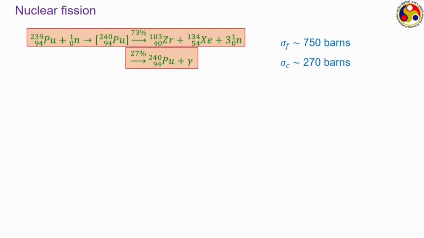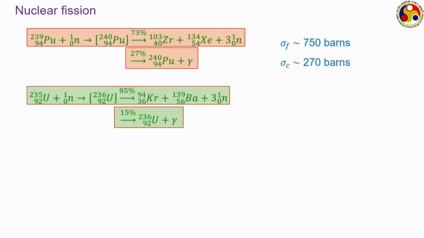So, if we try to calculate the possibility of a fission reaction here, it is sigma f divided by the total absorption cross section, that is sigma f divided by sigma f plus sigma c, and this comes approximately to 73%. So, just by knowing the values of the fission and non-fission capture cross sections, we can get an idea about the possible percentages of having a fission reaction and a non-fission capture reaction after the neutron has been absorbed.